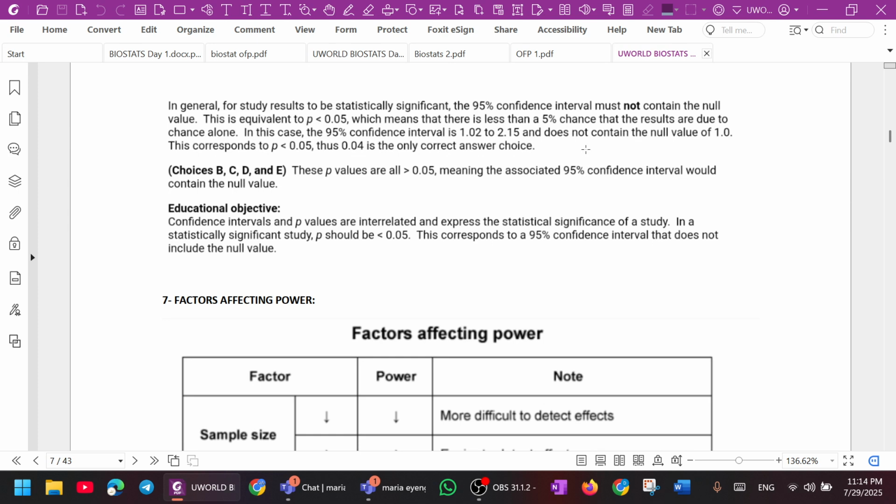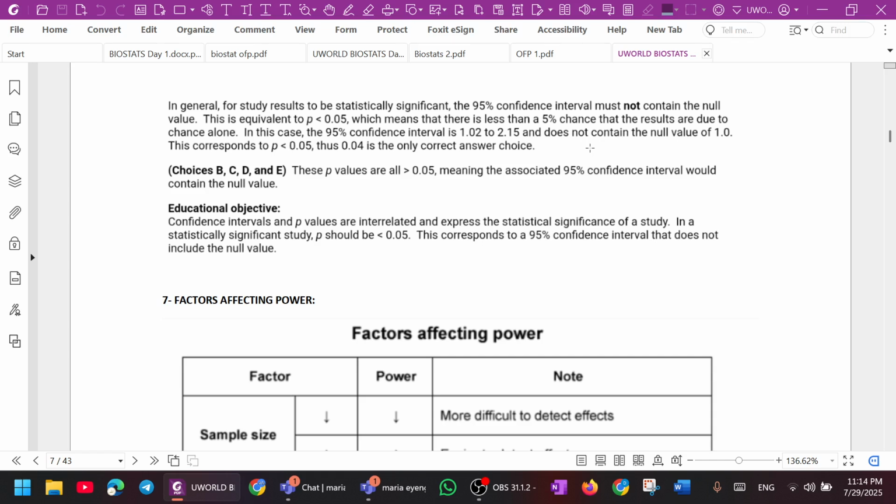In general, for a study result to be statistically significant, the 95% confidence interval must not contain the null value. This is equivalent to p less than 0.05, which means that there is less than 5% chance that the results are due to chance alone.